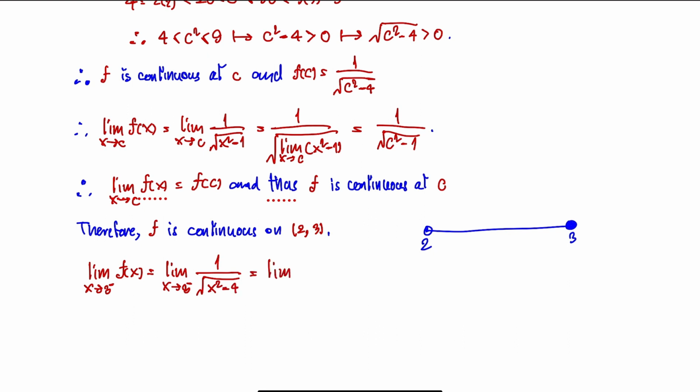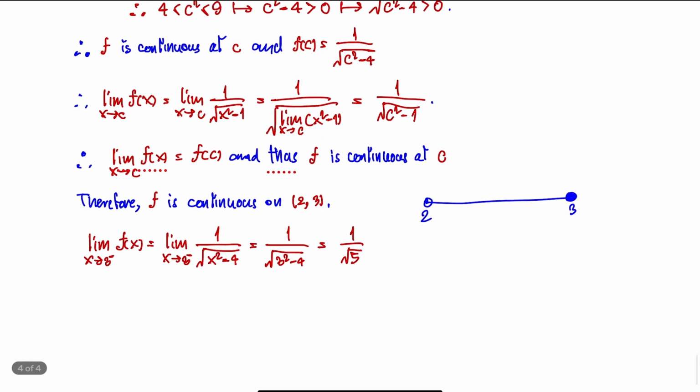It becomes, okay, so when x is less than 3, you can plug it into this x. So we have 1 over square root of 3 squared minus 4. So we're going to have 1 over square root of 5. Okay, and what is f of 3? f of 3 is actually just plugging in 3 into x, and then it becomes 1 over square root of 5.